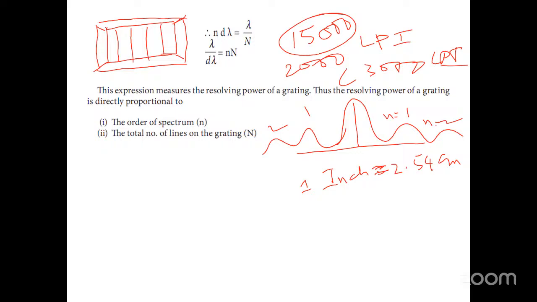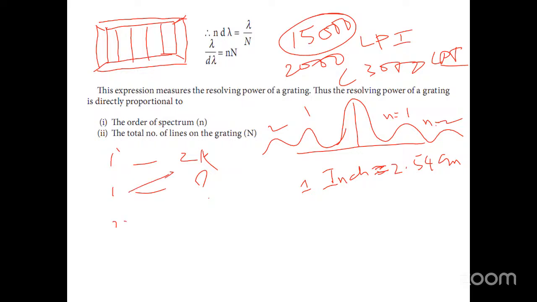So how to calculate? You need to calculate the capital N, which gives you the number of lines on the grating per centimeter, not per inch. For 1 inch you may have 2000 lines, but for 1 centimeter, how many? 1 inch means 2000 or 15,000 lines divided by 2.54.